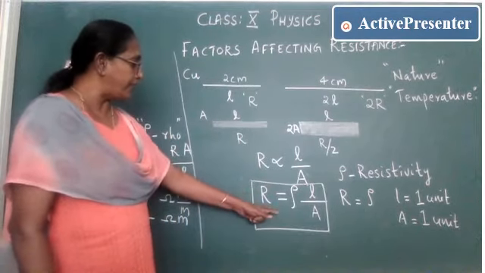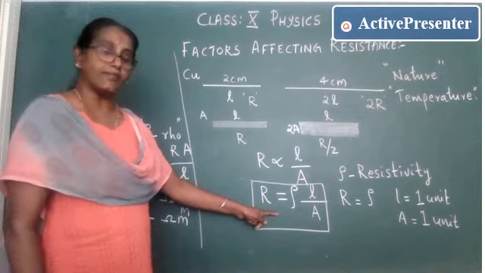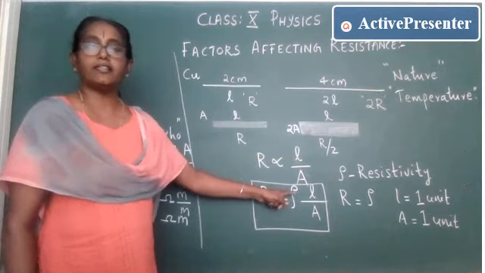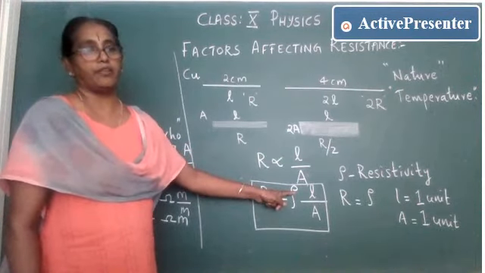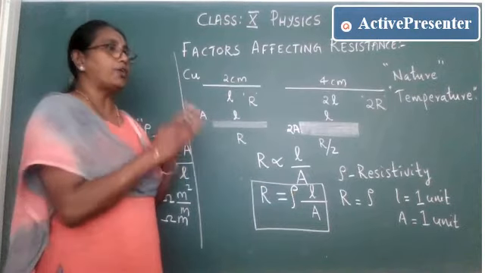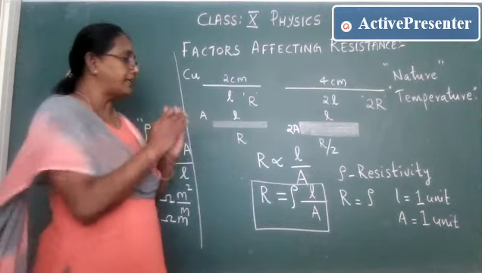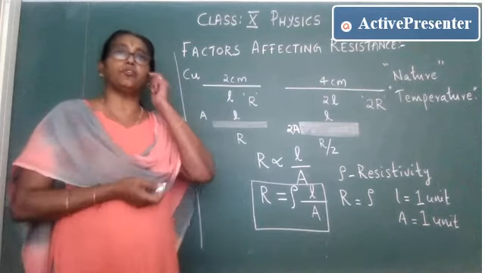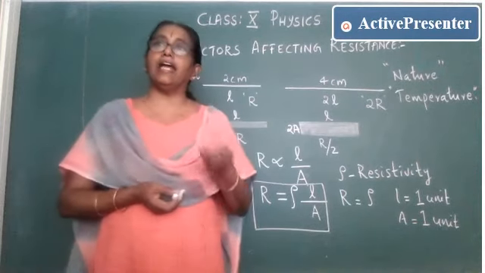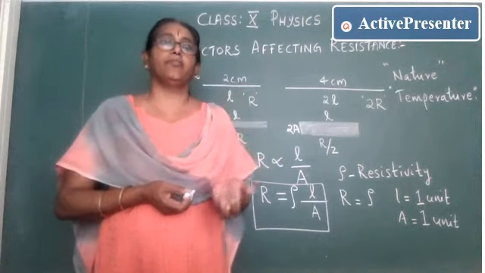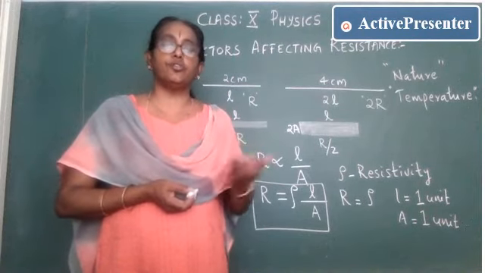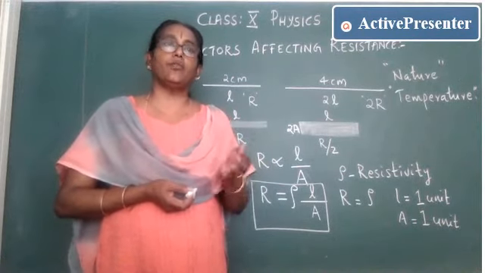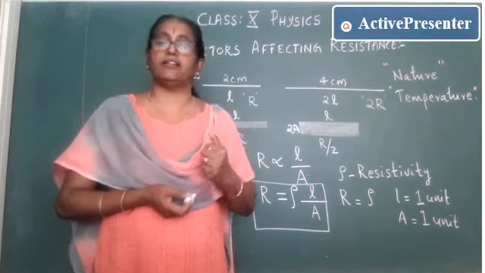But what are the two factors which can change the resistance? It is length and area of cross section. I hope you understood. Children always get confused between resistance and resistivity. If I ask you a question: a wire of length L has its length doubled to 2L, what will happen to the resistivity?